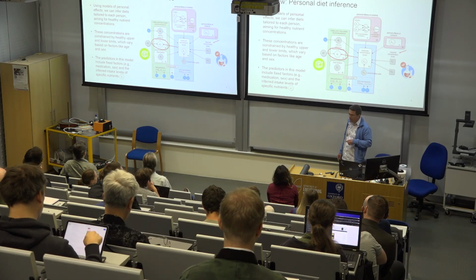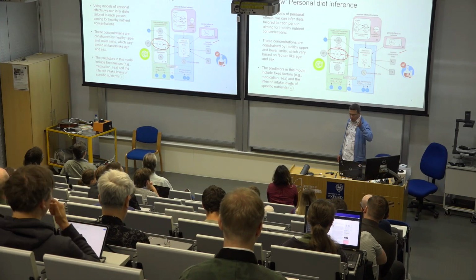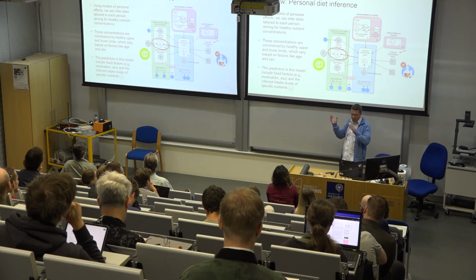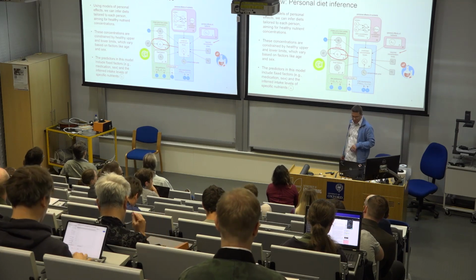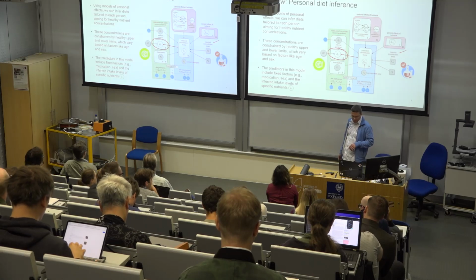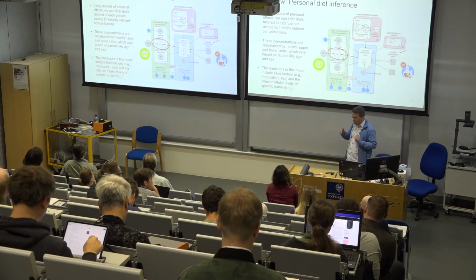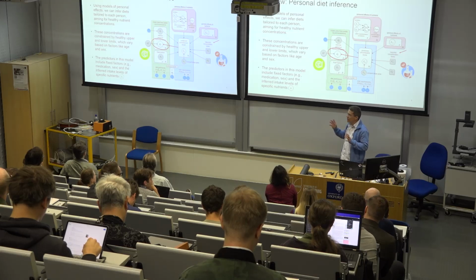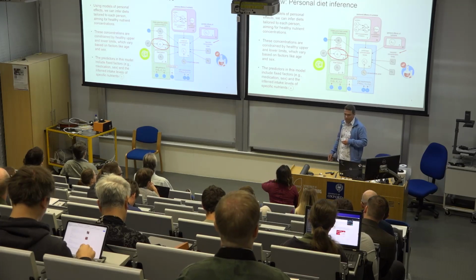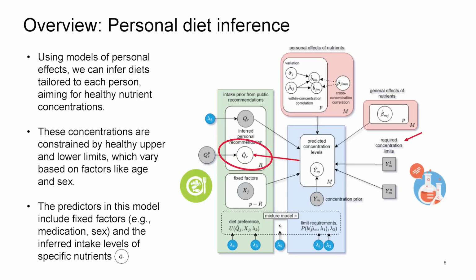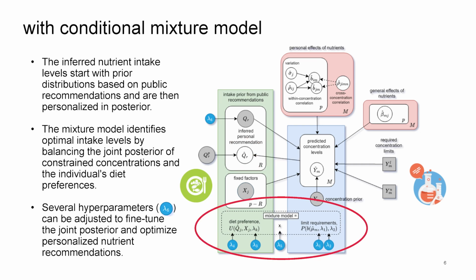And then we turn around that arrow from concentrations to nutrition, and we want to estimate those intake levels of Q here. And then we split the predictors into the fixed part, like medication and sex, that we don't recommend to change. And then there are the adjusted nutrient intake levels that we are inferring.